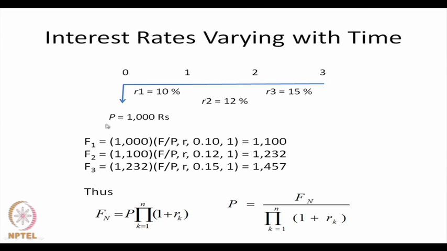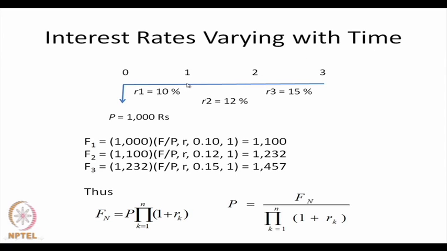Here, suppose that an investment is made or a payment is made for 1000 rupees, it is quite possible that in the first year the interest rate is 10%, in the second year the interest rate is 12%, in the third year the interest rate is 15%. So, this is an example of interest rates varying with time.